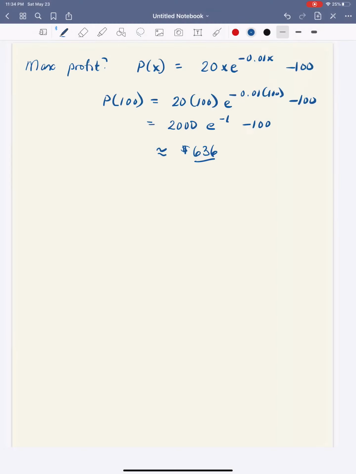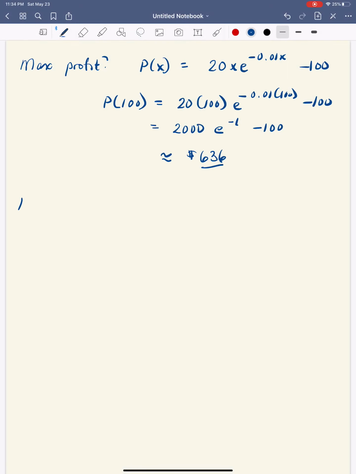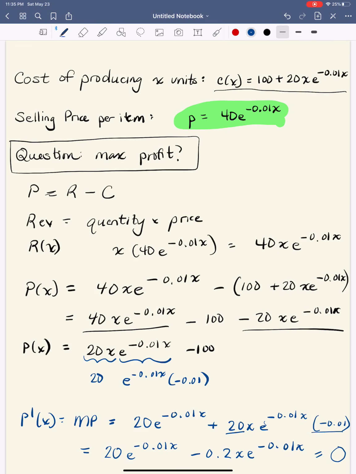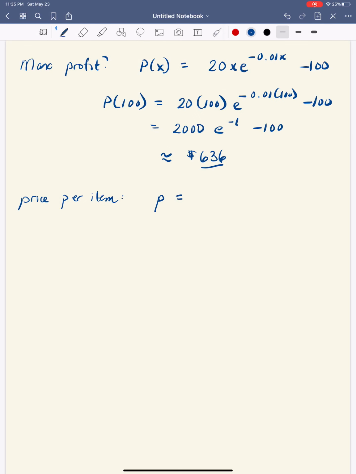Another thing we can do is find the price per item. That's information that people would want to know, right? Well, we know that the price function was P equals, and let's just go back to our original page here. It was 40e to the negative 0.01x.